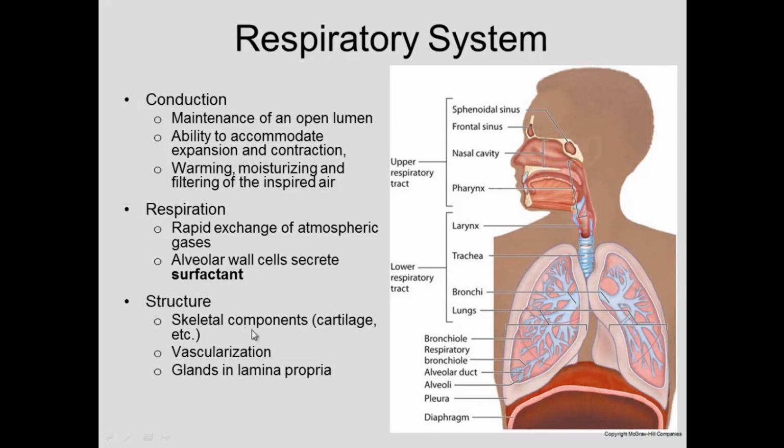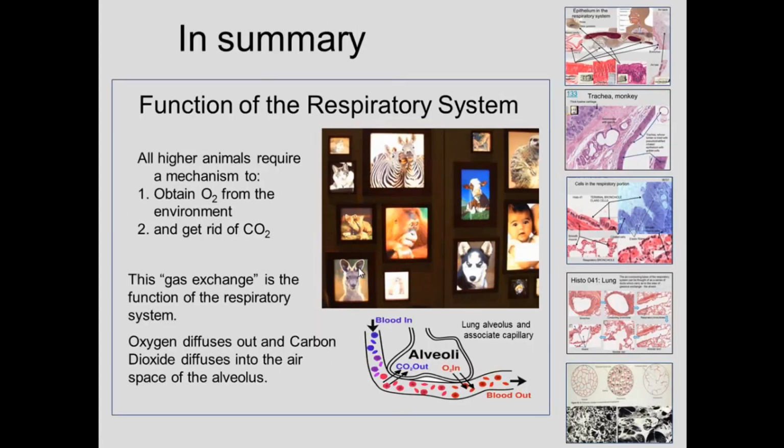So you have skeletal components. You have skeletal muscle in your intercostal muscles. You have cartilage, mostly hyaline cartilage, but there is elastic cartilage in the epiglottis, and also rich vascularization to allow you to warm the air that's going in, and there are glands in the lamina propria to facilitate moisturizing of the system.